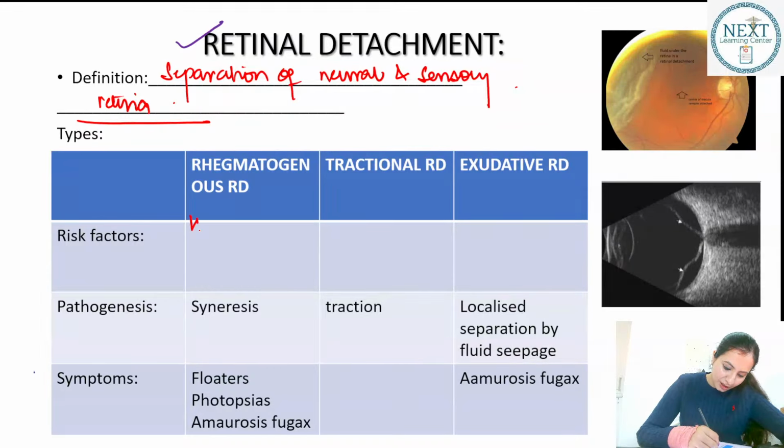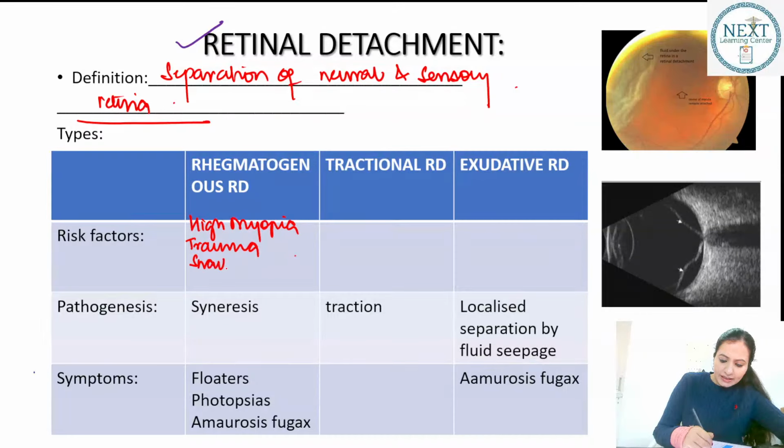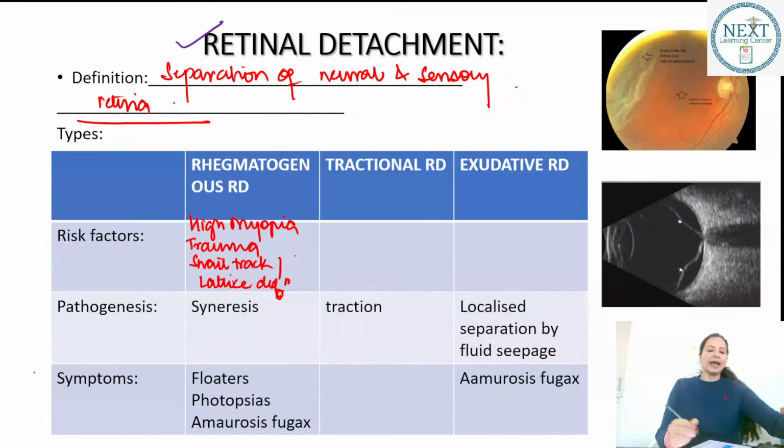Rhegmatogenous risk factors include, very important, high myopia, any history of trauma or any snail track or the lattice degeneration. Pathogenesis involves any of these risk factors that is followed by syneresis. Syneresis means vitreous liquefaction.